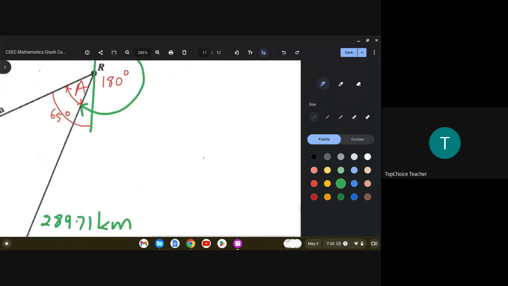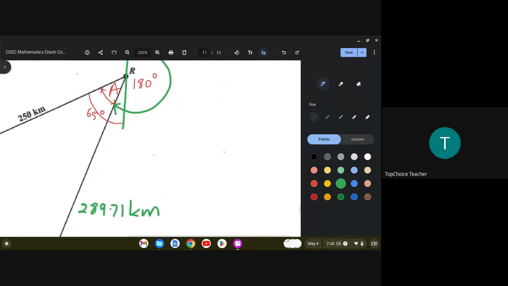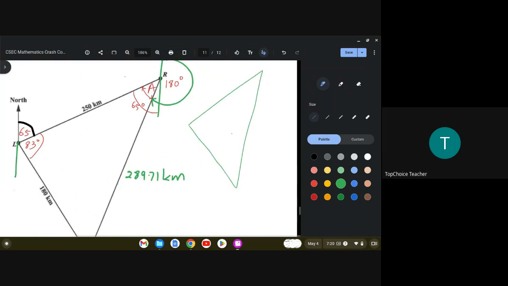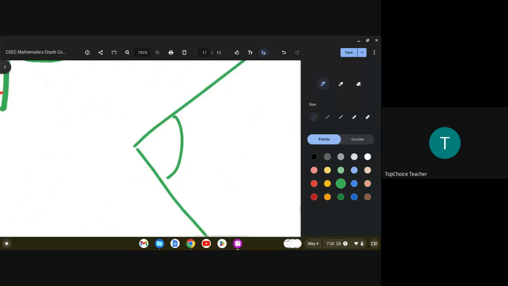So let me sketch this triangle for you now, the best way I can, without all the lines. That's the triangle. We know this angle is 83 degrees. That is what they gave us.